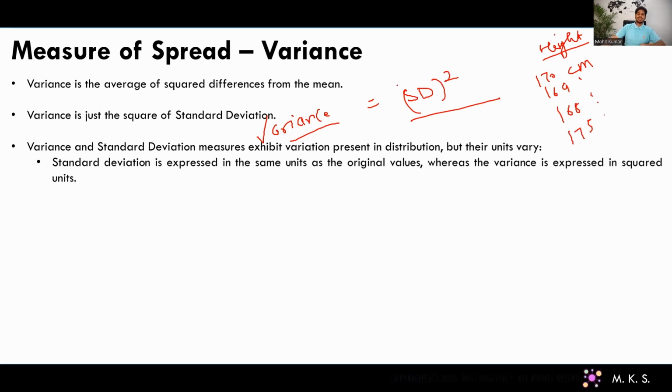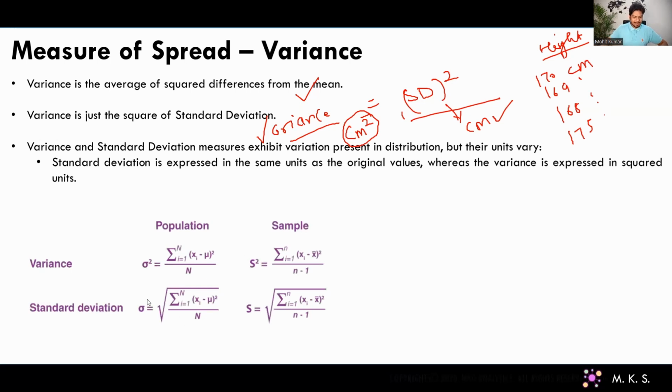Now if you calculate the standard deviation, the unit will be centimeter, but in the case of variance, the unit will be centimeter square, right? So when you are representing spread, it's always better to use standard deviation. But in some calculations, when you are trying to prove a mathematical or statistical theorem or formula, variance is quite helpful, right? So that is the major difference between variance and standard deviation, guys.